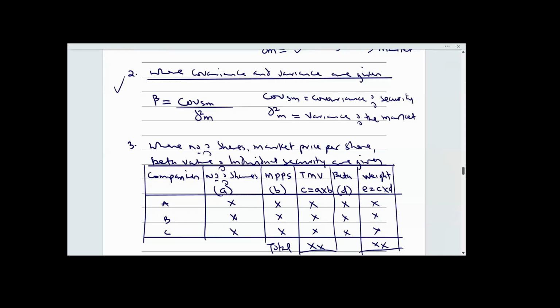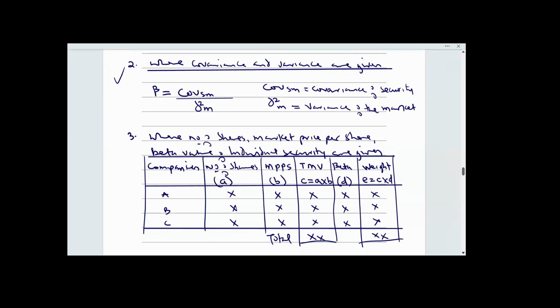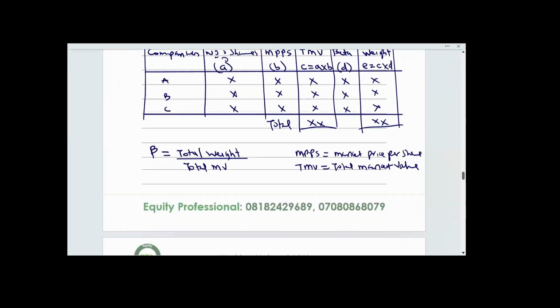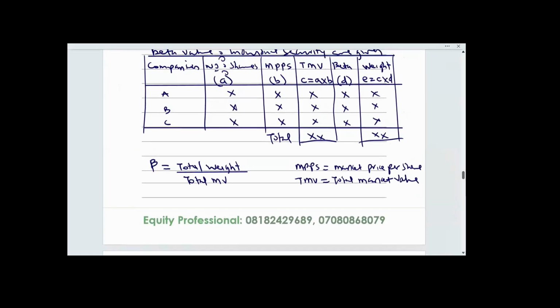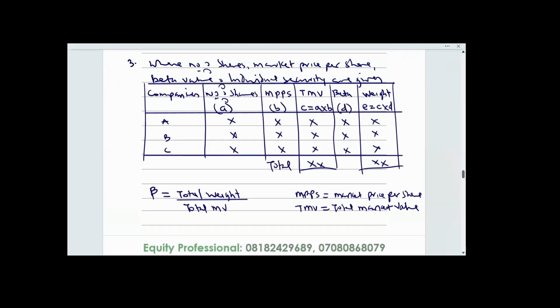If in the question you are given share price, number of shares, and beta value of individual security, and the examiner is now asking you to calculate the overall beta, then you use this third formula, which is total weight over total market value.